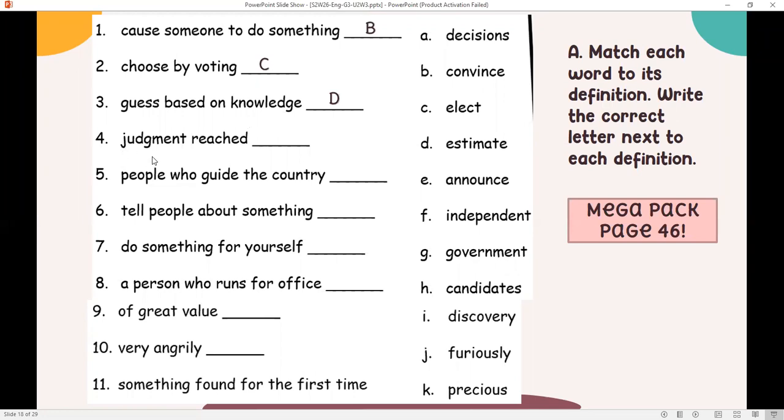Number 4, judgment reached. It means you made up your mind, just like the boy who made up his mind about his breakfast. Judgment reached means decision. Number 5, people who guide the country. Who are the people who guide the country? This is the government.